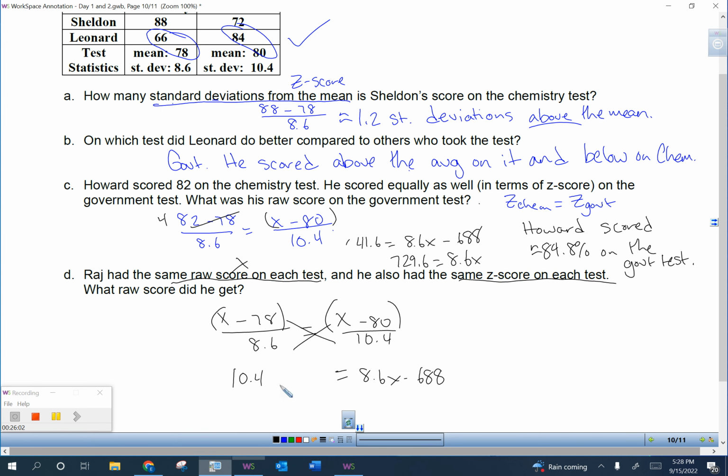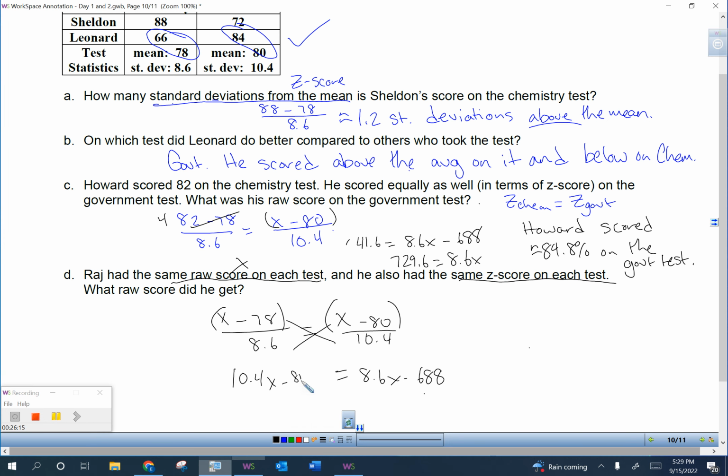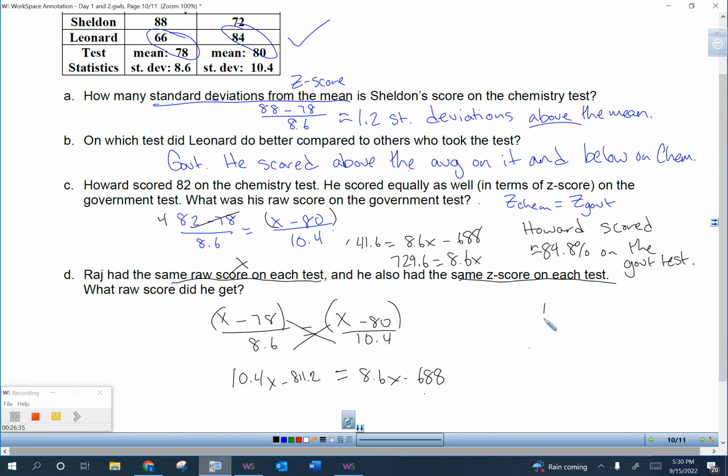So 10.4x, and then I need to take that 78 times 10.4, and that's 811.2. And then we can do some math here. Okay, so I'm going to add that 811.2 over to my negative 688. So that's minus 688. And that gives me 123.2.